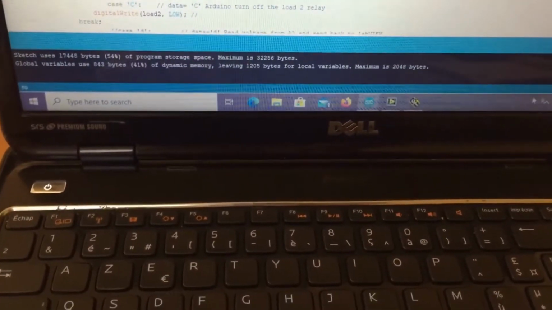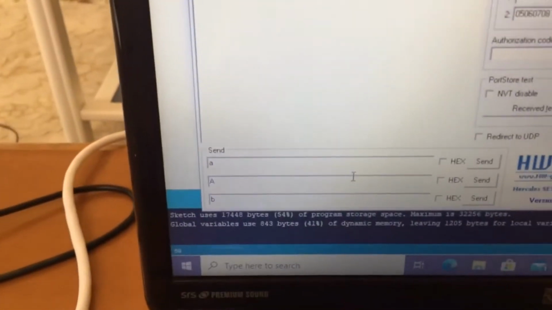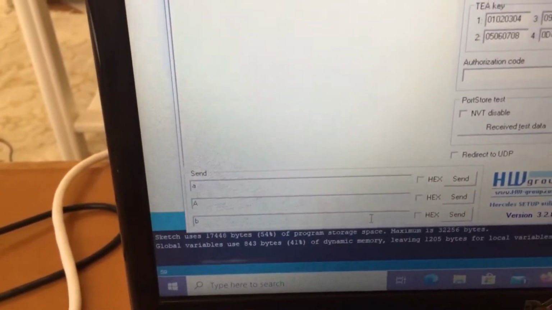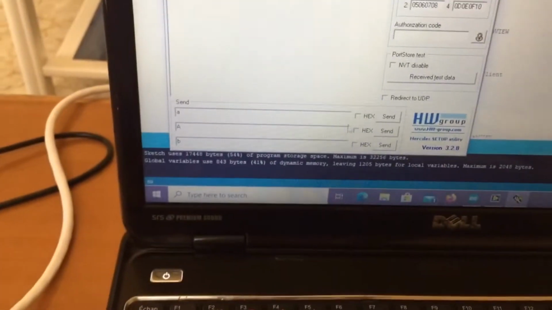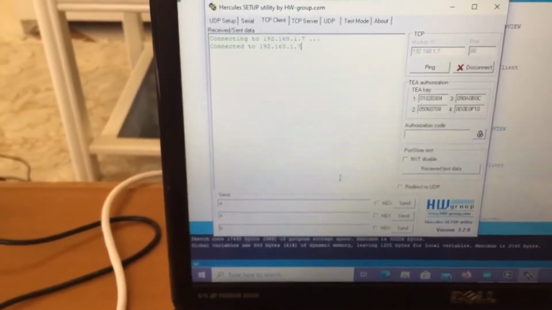Let's try this in Heracles. Alright, we have here the cases: small a, capital A, small b. We shall send these messages to the Arduino right now.